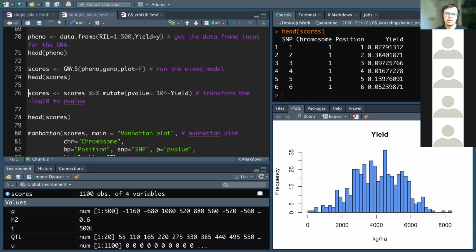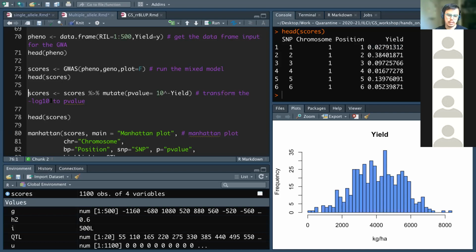This GWAS function doesn't change the name of the trait that we're using, but basically this is the minus logarithm of the p-values that the function found in association with the phenotype. So that is the output of the function, basically the association between each single marker and the phenotype.